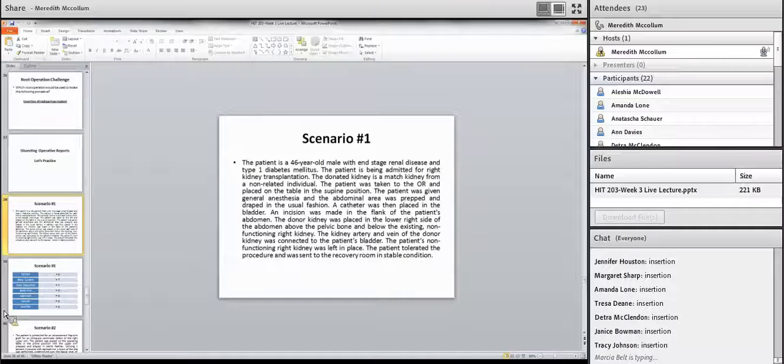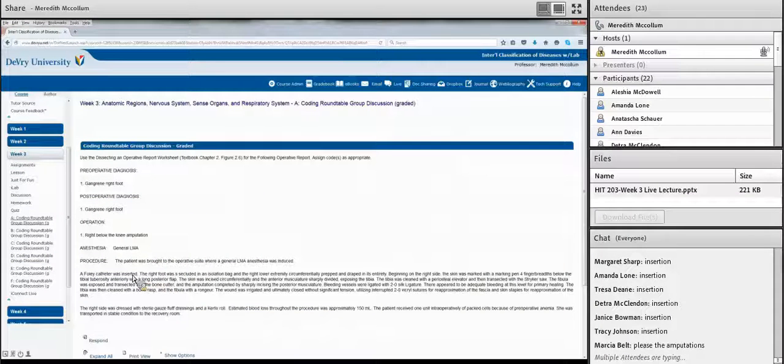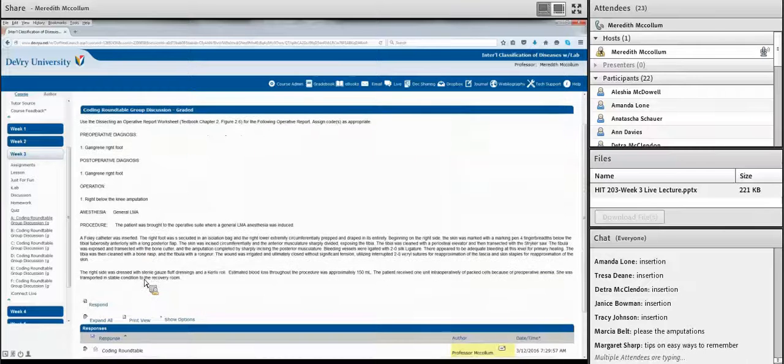I don't want to not cover that. Marsha, if you can, the amputations. Okay, yeah, and we're going to go over the coding roundtable, definitely. So we can go ahead and do that now, and then I'll go back.